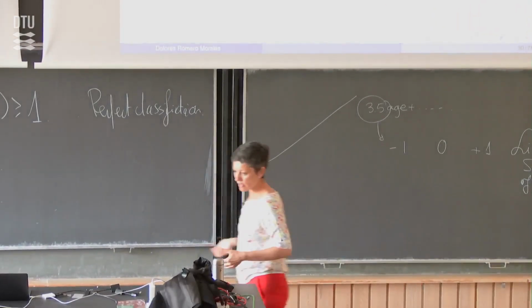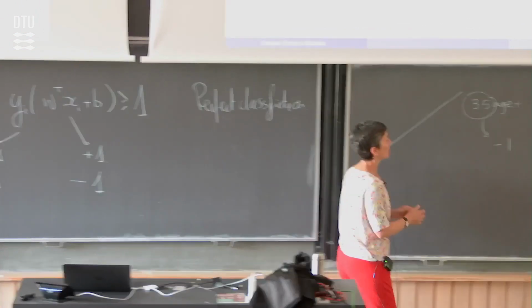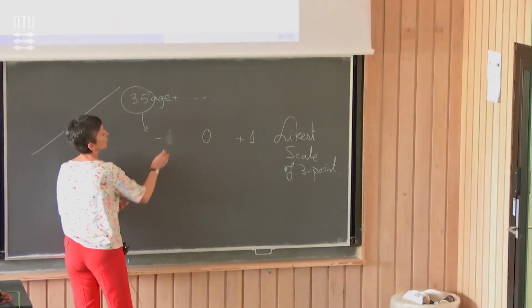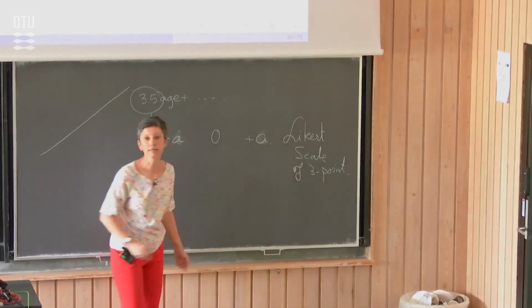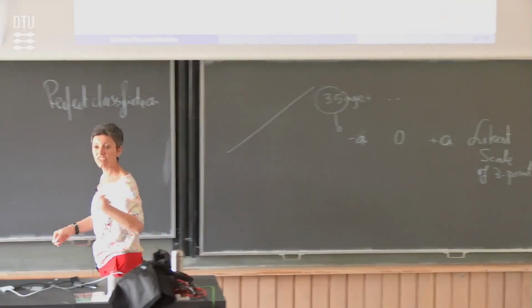So instead of writing there -1 or 1, we wrote A. And the A had to be decided by us.